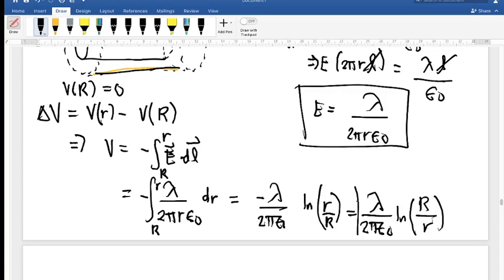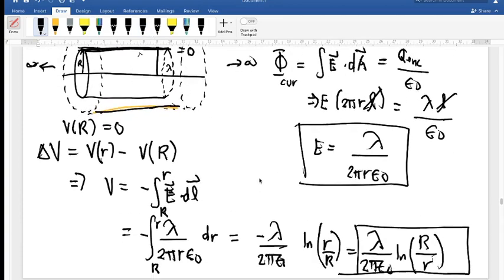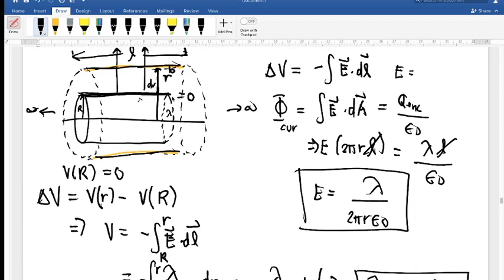Okay, so this is the potential at that surface. Okay, so at this point outside, if the reference point is here.